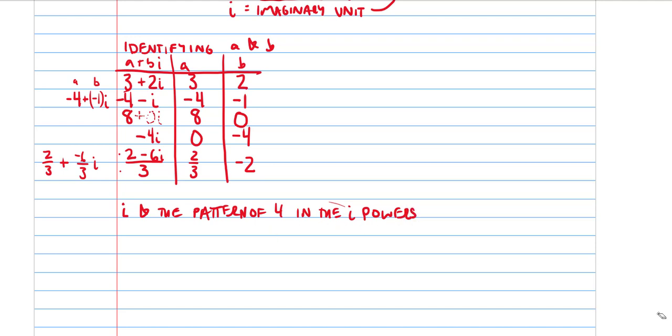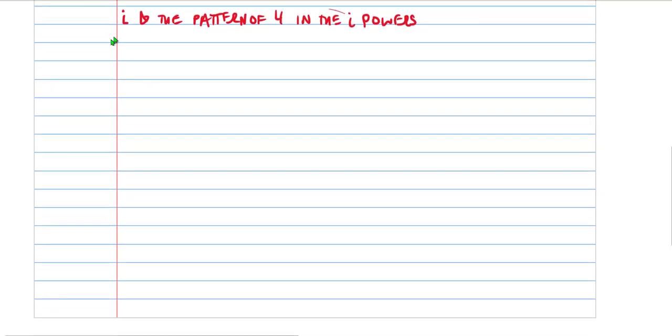Let's start just by talking about i itself. So remember, I'm going to write that definition again. i is the square root of -1, or we could also say that i squared equals -1. So what does i allow us to do? It allows us to simplify the square root of negative numbers.